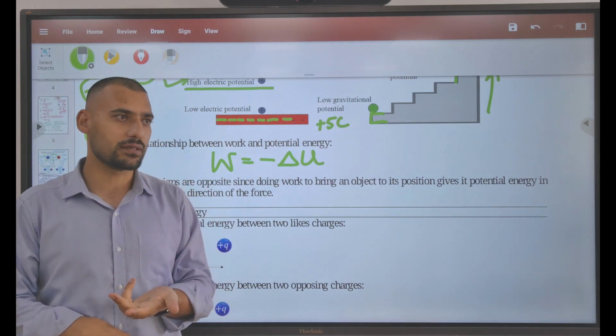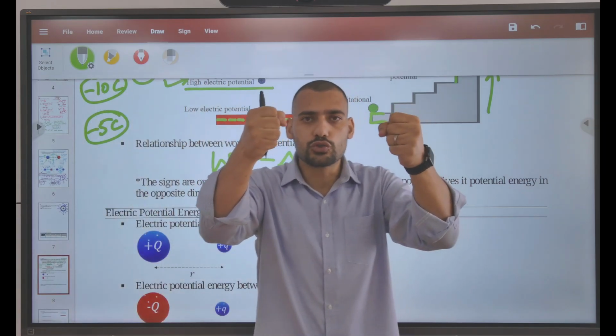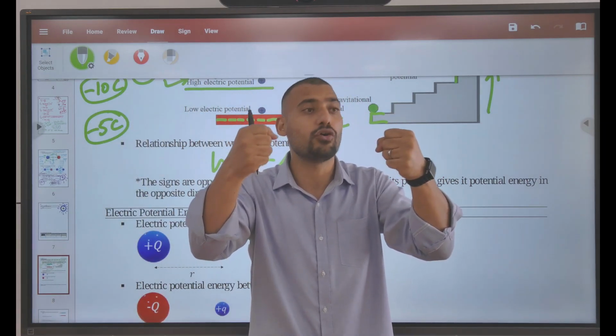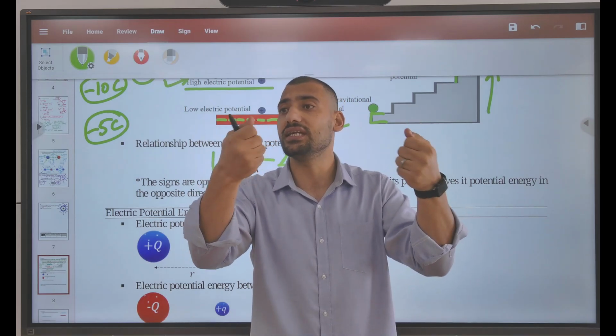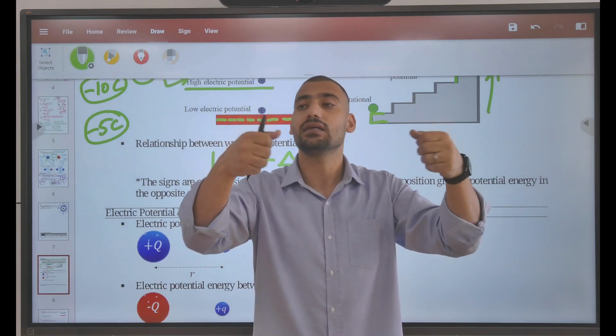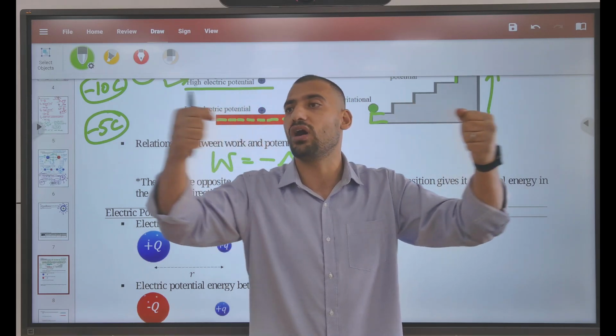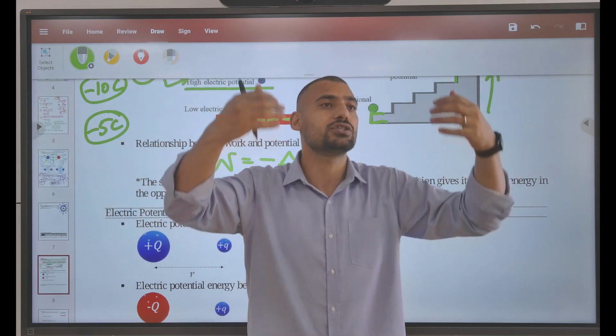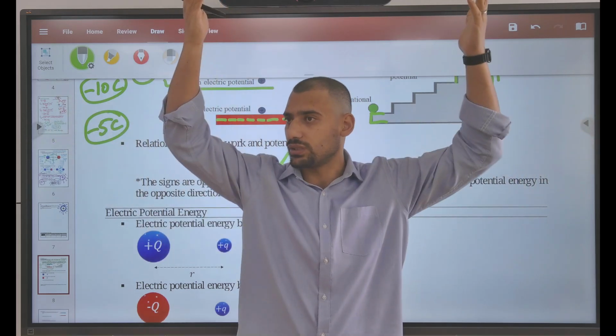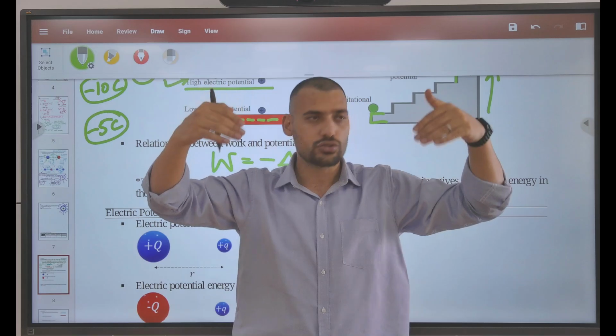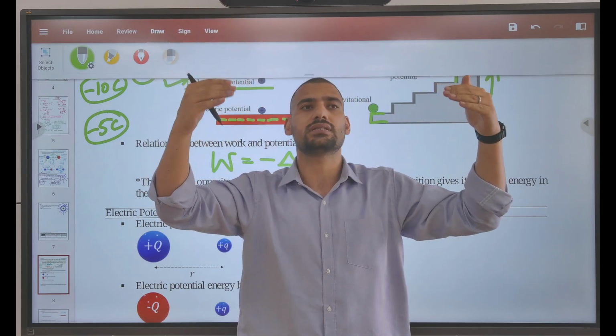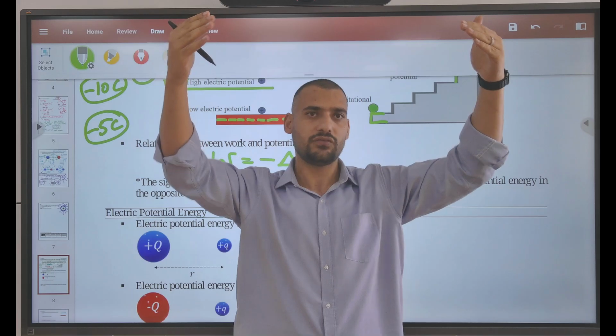I'll repeat what I said. When there are two positive charges very close to each other, they want to repel. They have a general tendency to perform work, and that tendency is to go away. When the tendency is to go away, it means higher potential, right? So when there is higher potential, that means there is higher potential energy. Fine?